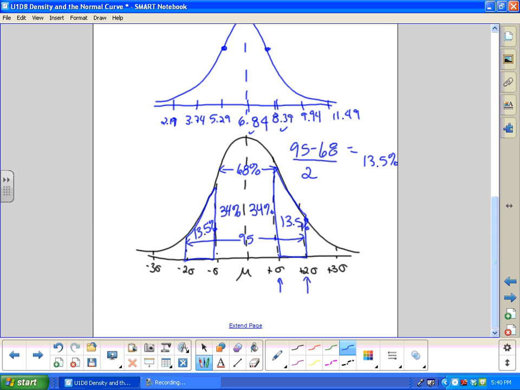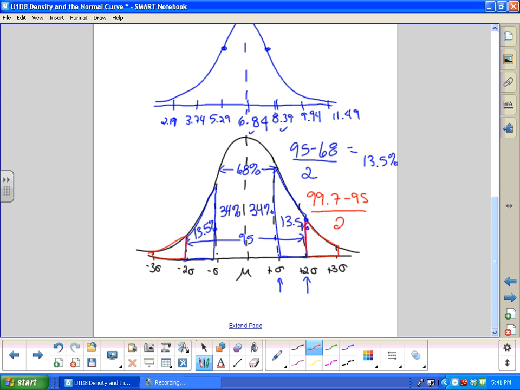So both of these little pieces right here have an area of 13.5%. And then you can use that same trick to find the next area. We know that 3 standard deviations is 99.7%. So if I take 99.7 and subtract 95, I get the area of these two things in red.